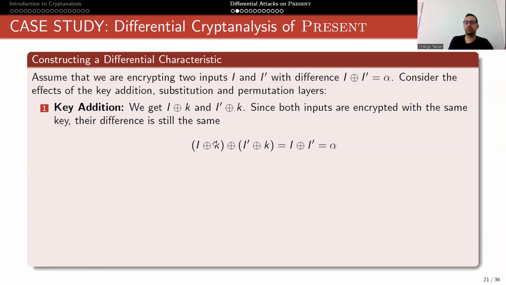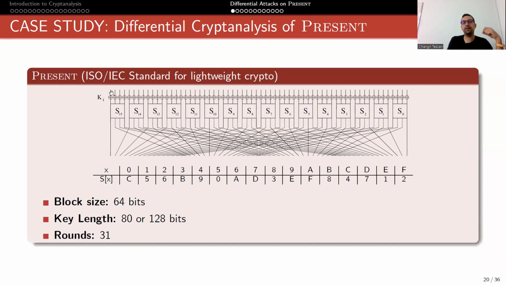But if you XOR both of them, the Ks cancel each other since it is simply an XOR operation, and XOR is just addition modulo 2. We end up with I XOR I prime, which is still alpha. So this means that if you have an input here and flipped one bit, and you have another input, and you add the round key to both of them, at the start of this S box layer, we don't know these inputs, but we still know that their XOR is alpha.